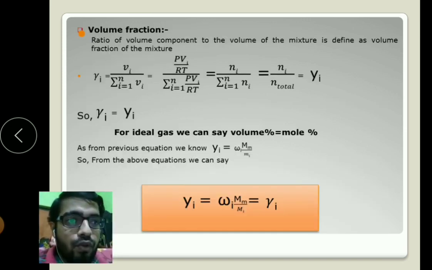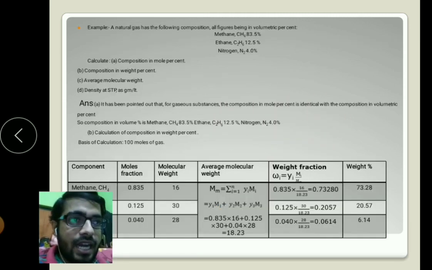From here we know that volume percentage is equal to mole percent, and since volume percentage is given, we can easily say it is equal to mole percent. So the answer to part A is that volume percentage is equal to mole percent. Next was weight percentage and average molecular weight.